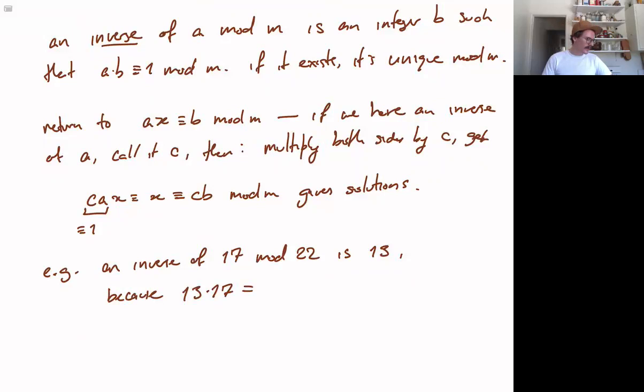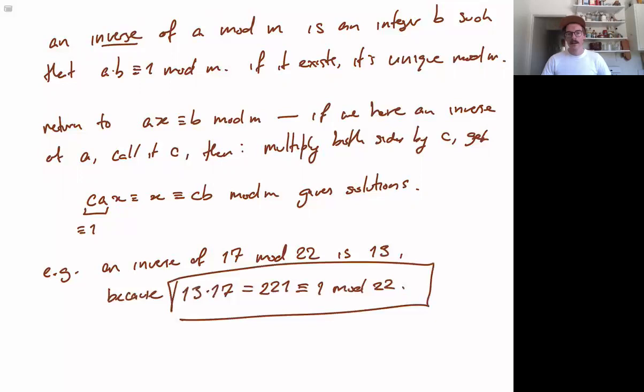I do not know how to do that in my head, but luckily I came prepared and wrote it down. This is 221. And that's actually pretty clear. 220 is definitely a multiple of 22. So this is congruent to 1 mod 22. So that is showing us that 13 and 17 are inverse mod 22 because the product is congruent to 1.